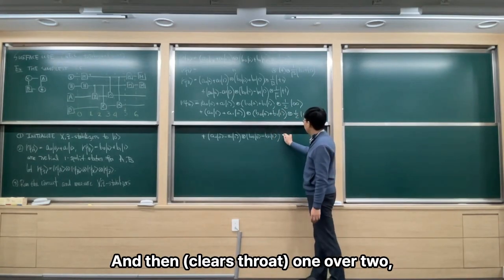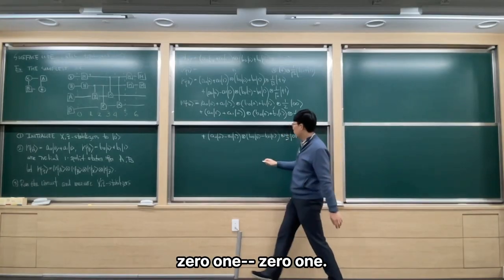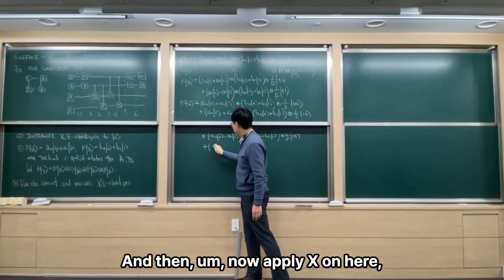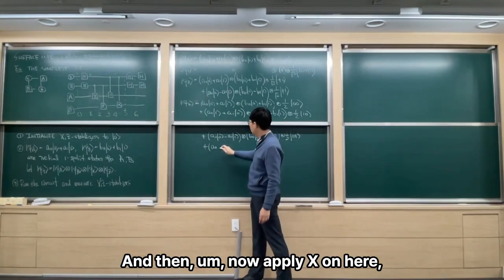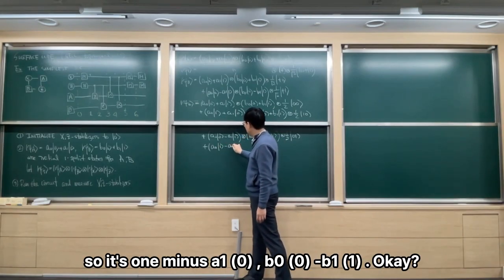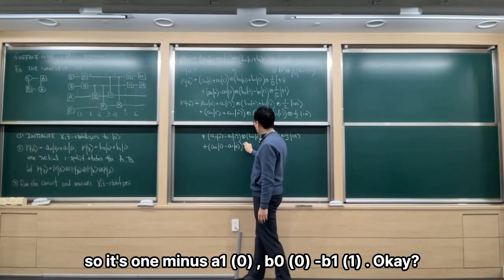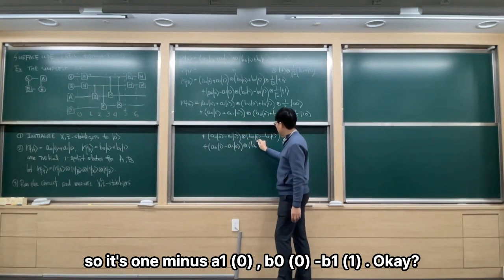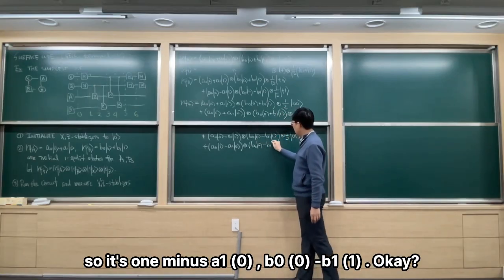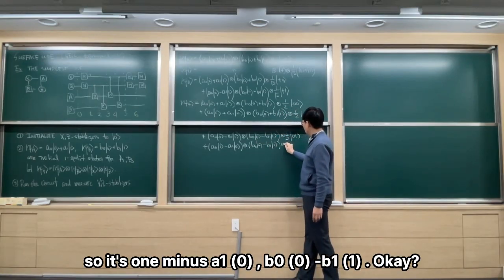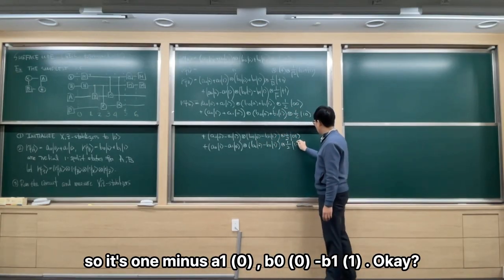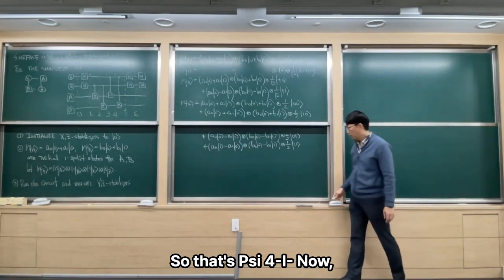And then 1 over 2 0 1, 0 1, and then now apply X on here. So it's 1 minus A1 0, B0 0 minus B1 1. Okay, so that's psi 4.